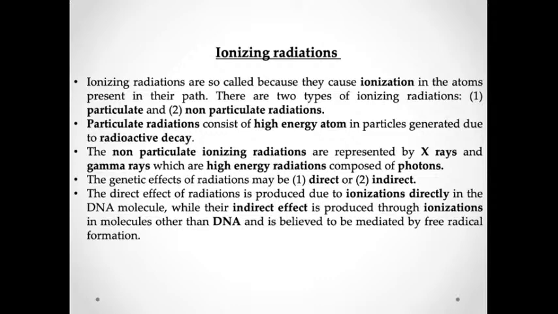The genetic effect of radiations may be direct or indirect. The direct effect is produced by ionization directly in the DNA molecule, while the indirect effect is produced through ionization in molecules other than DNA, and is believed to be mediated by free radical formation.